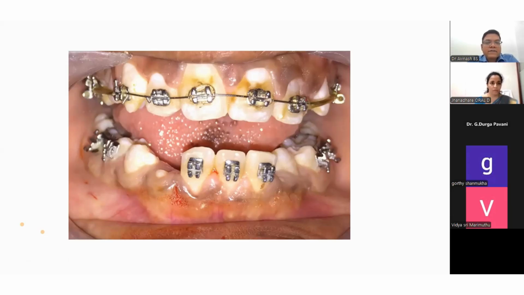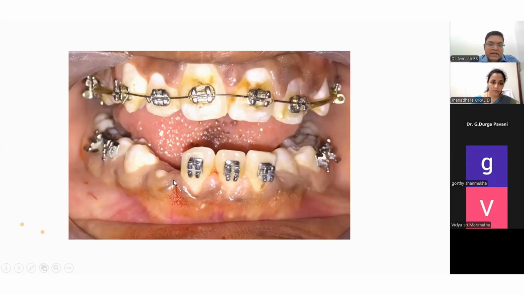What practitioners generally tend to do is a gingivectomy in this region, and then put the bracket and get the tooth to the position. But by doing that, we are losing this keratinized gingiva, and at the end of the treatment, the tooth may be in position, but there will be recession, and in future, there might be mobility of the tooth also.